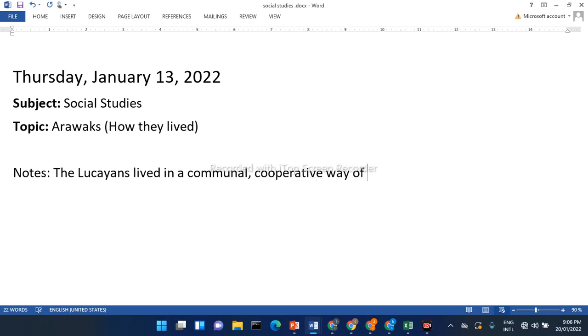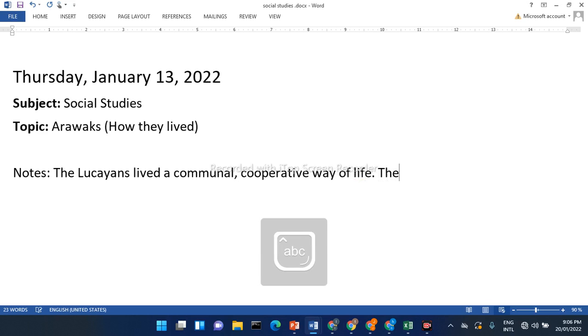They had a togetherness, a cooperative, friendly spirit. That's one thing about the Lucayans: they were friendly and cooperative.